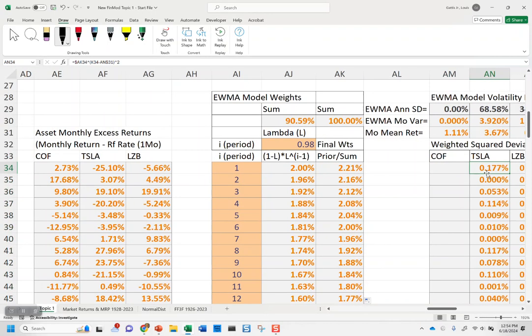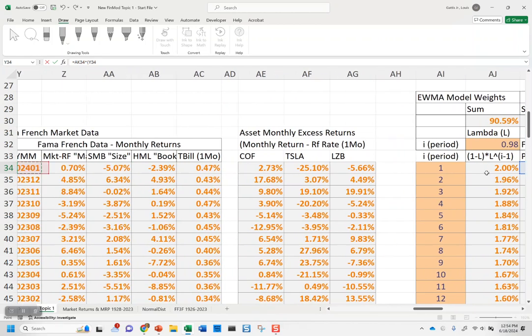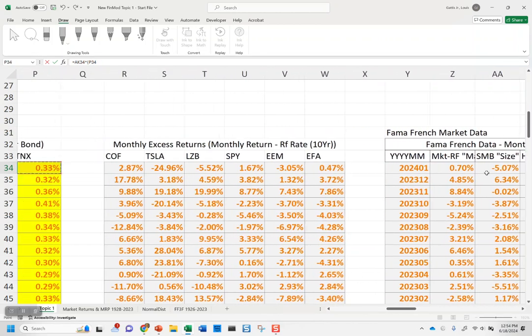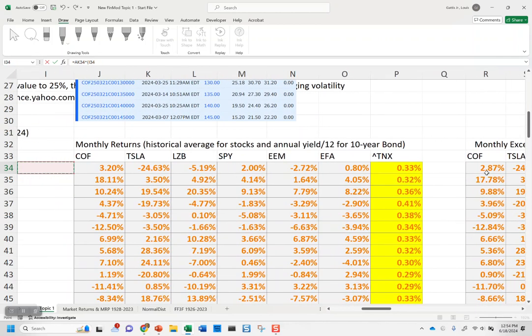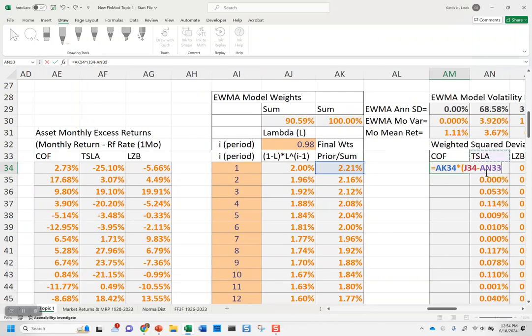And we'll just do it right here. This will be my weight. I'm going to weight last month 2%. Multiply that times the squared deviation from the mean. The mean on that month, make sure you don't get the excess returns. You go back and get the original returns. So there's the return 1 month ago for Capital One, 3.2%. I'm going to subtract that, and I just have the average of the returns there.